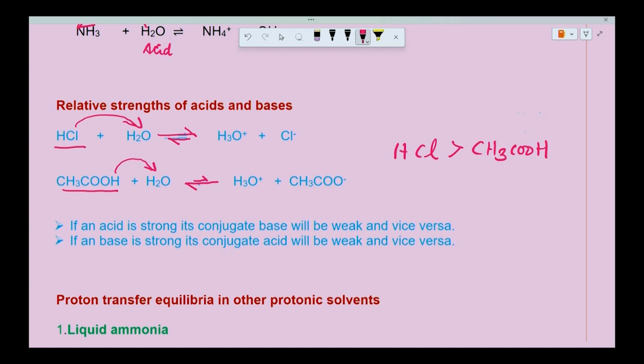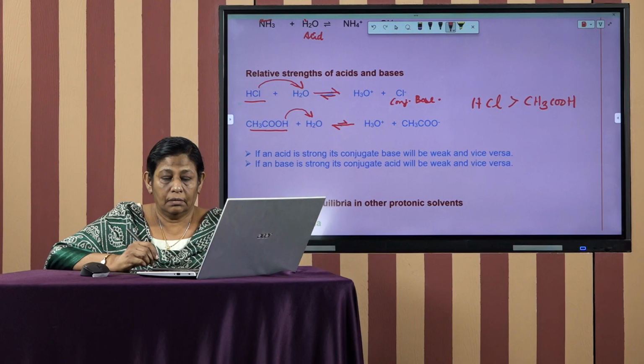Now, there is one more case to explain this. Here, HCl donates a proton to water very readily, while chloride ion does not accept a proton to that extent to get converted into HCl. And what is Cl minus here? This is the conjugate base of HCl.